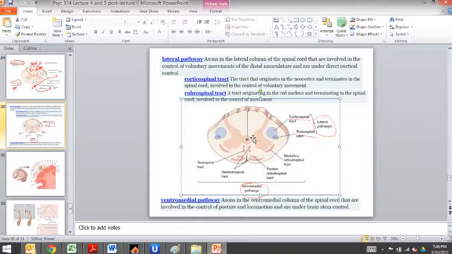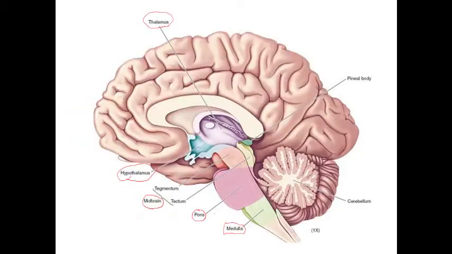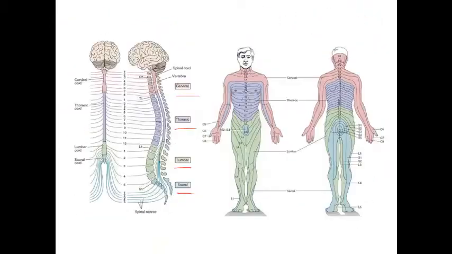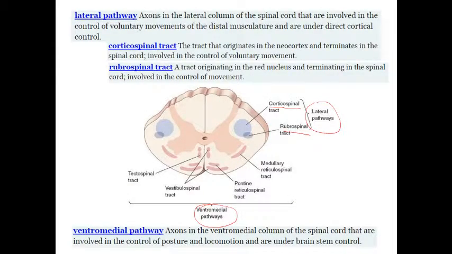There is the corticospinal tract, and then there's also the rubrospinal tract. I'm going to see if I can make this full screen, and I hope it doesn't destroy the Ustream. Okay, good. So different divisions of the lateral pathways of the spinal cord: there is the corticospinal tract and there's the rubrospinal tract.